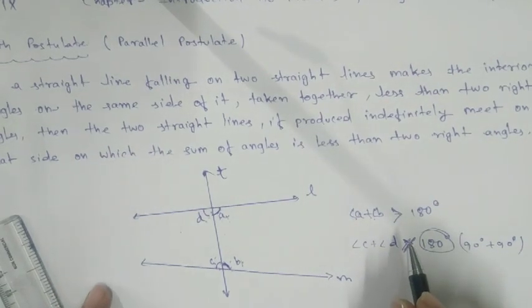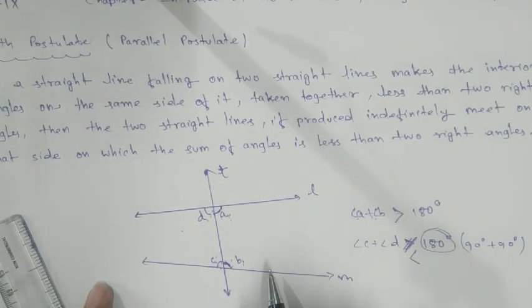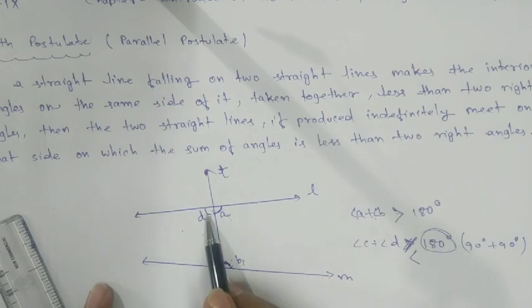So here, the two straight lines, if produced. Now see, on which side are they less? This side.